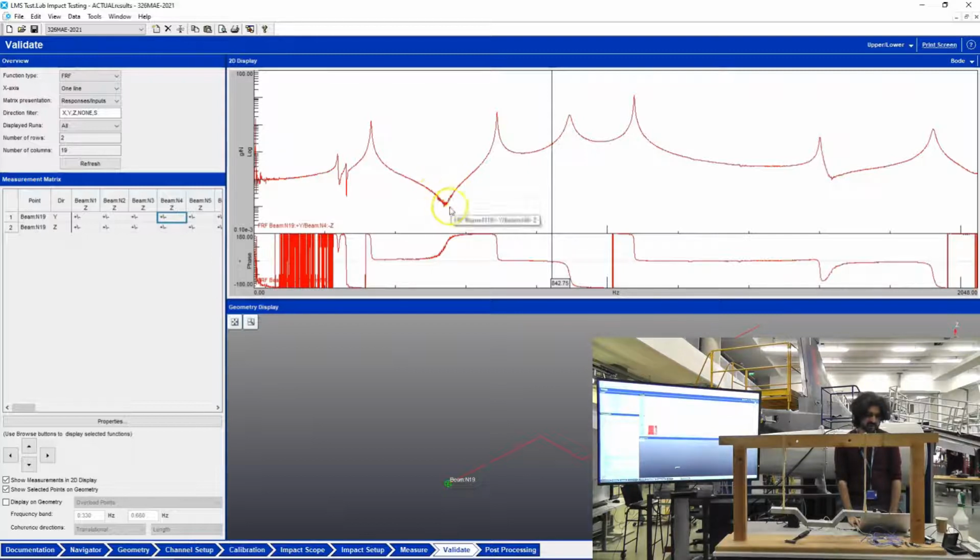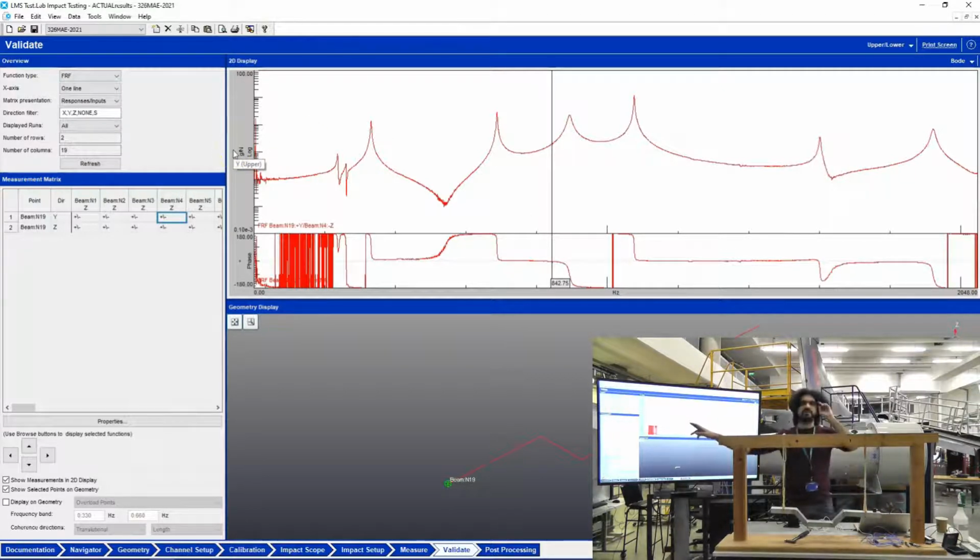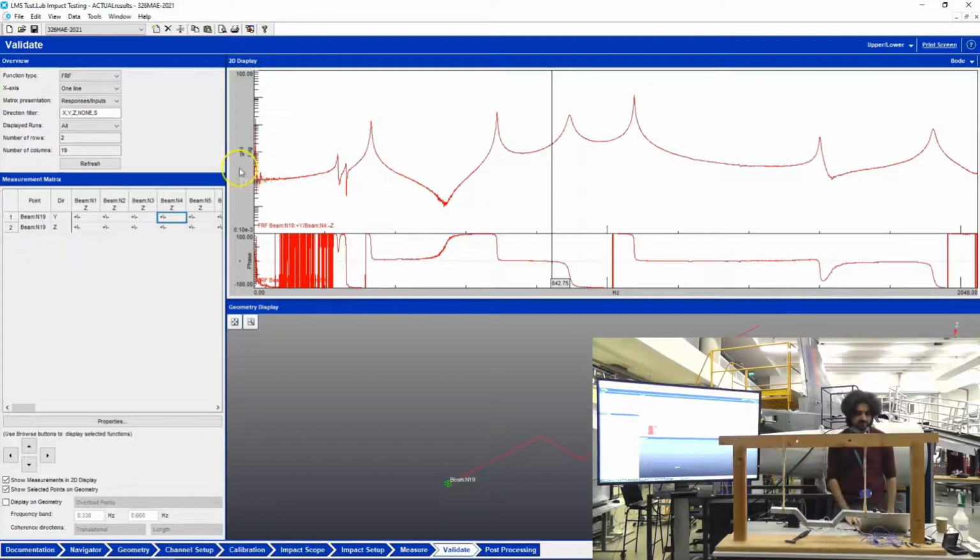Of course, these very low ones will always be noisy, because this is G over Newton, acceleration over force. If you have a very, very low acceleration, that's almost 0. The coherence will give you output over input, but the output is almost 0, whereas the input is a good number, so the coherence doesn't know what to do. It's not very accurate in that sense.